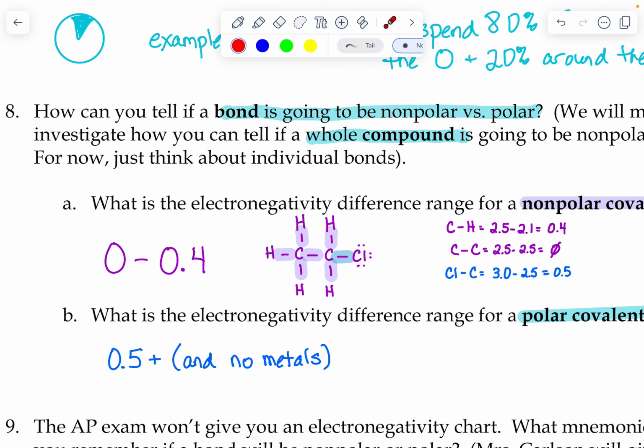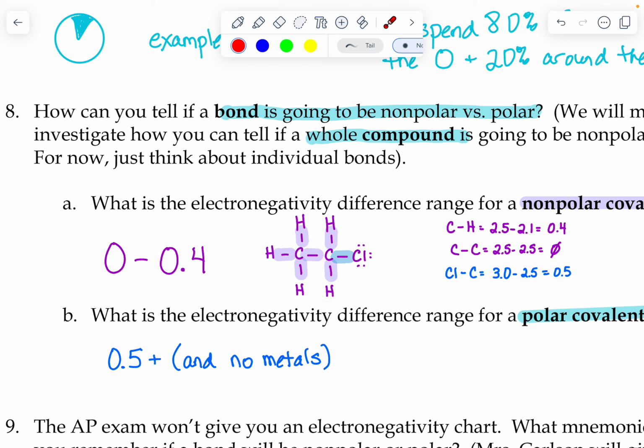But we said before, anytime you had metal with nonmetal, we'll call that ionic. So as long as the bond you're looking at has no metals involved, so you're looking at just nonmetals or maybe a metalloid, and you find the difference between those two to be 0.5 and up, then we'll call that a polar bond.